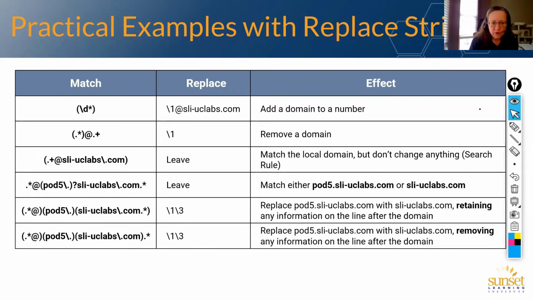And these two are very similar. I don't have the question mark in here. What I'm doing with both of these is taking the pod5.sli.uclabs.com and getting rid of the pod5. Notice I've got the replace string as /1/3. So go get this and go get this.